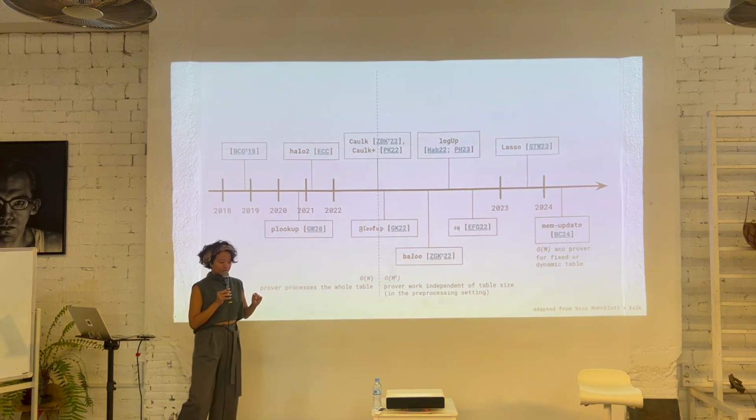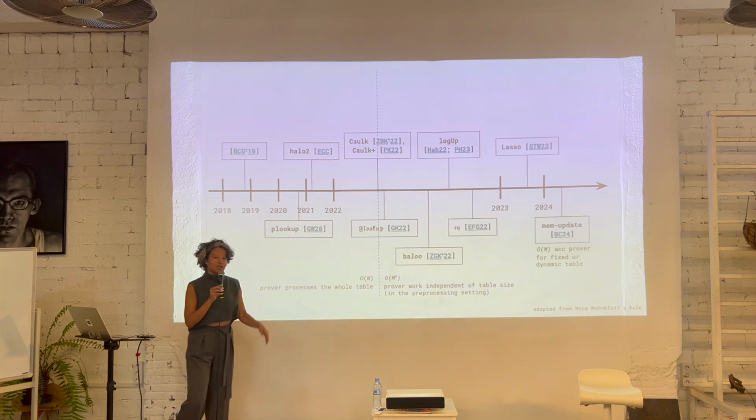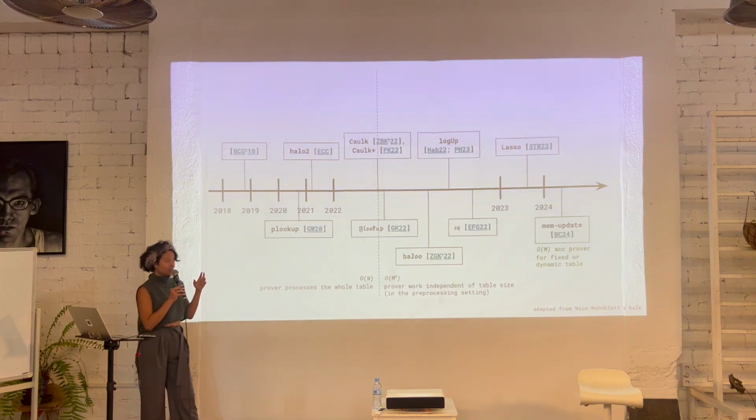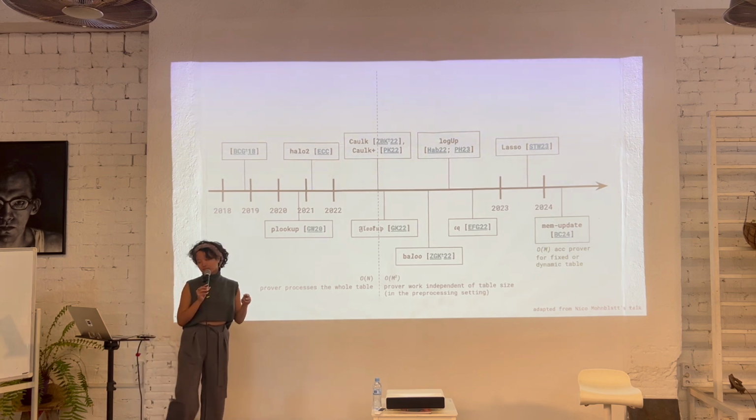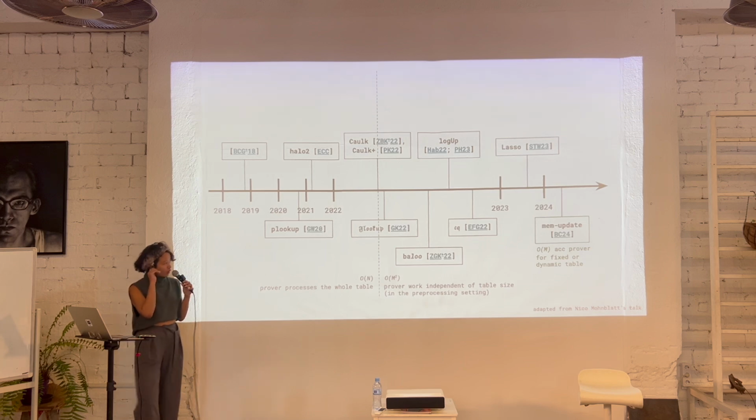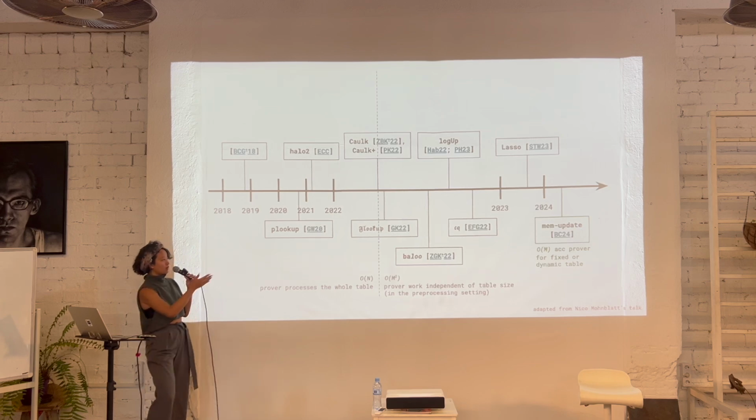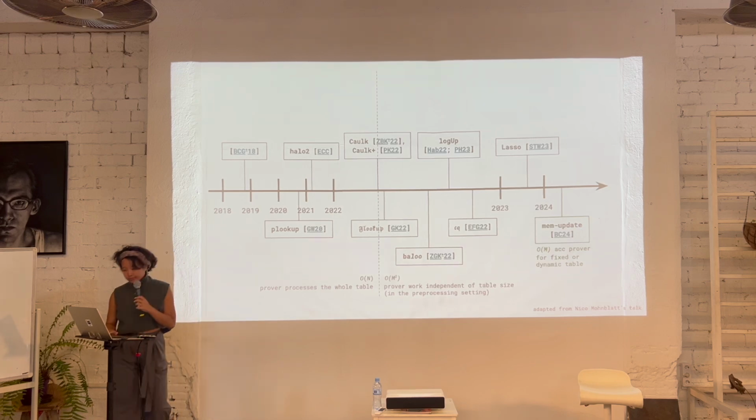And if you're familiar with accumulation schemes, at the end, you still have to pay for a single computation. But while we're just considering the accumulation prover, this paper gives us an O(m) lookup argument.